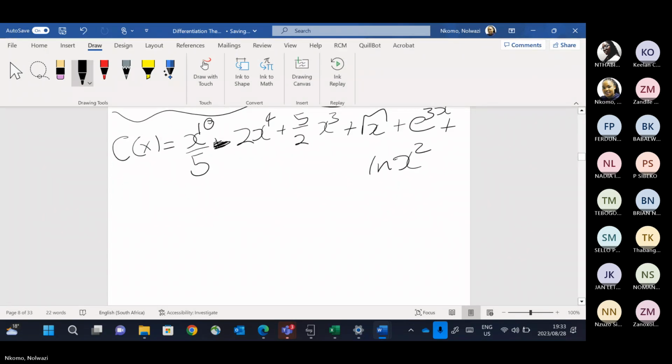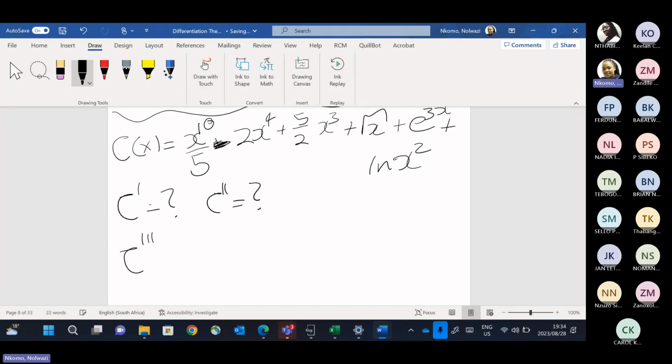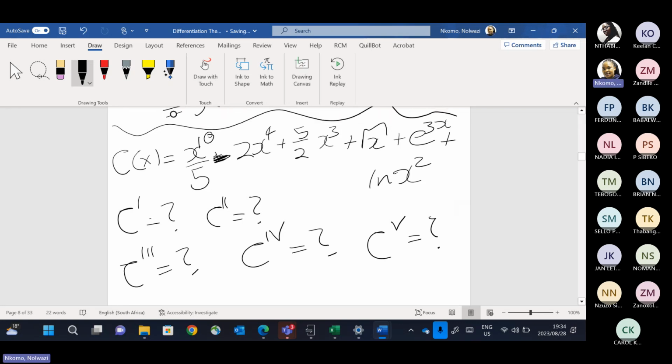Please find the derivatives up to the fifth derivative. Okay, this is your function.